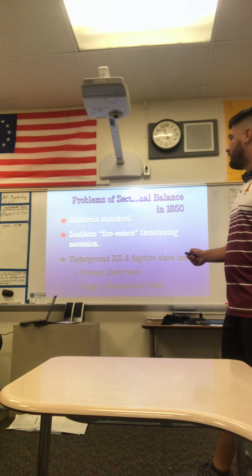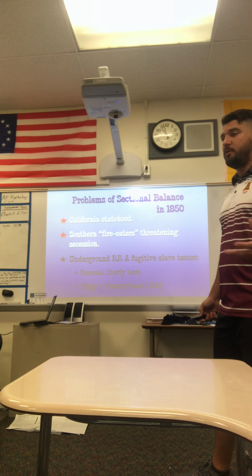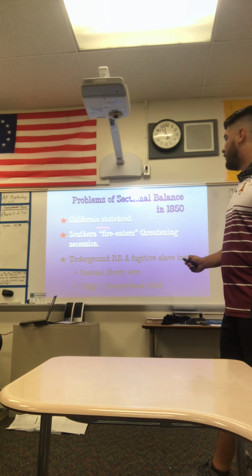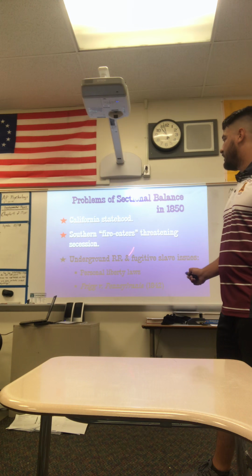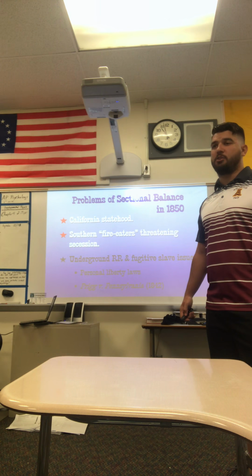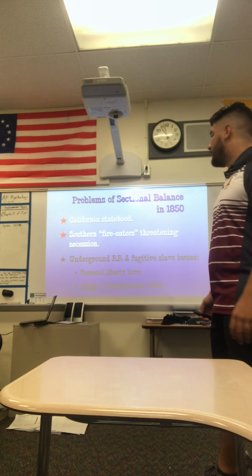Right, as we can see here, we have the issue of obviously California statehood, which is focused primarily, right, on whether or not California should be admitted as a free state or not. Then we have the southern states, right, the fire eaters that are really focusing within the secession movement, which starts as early as 1840, and we see progression within that.